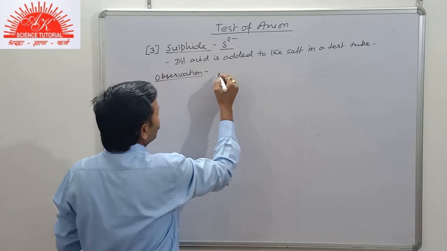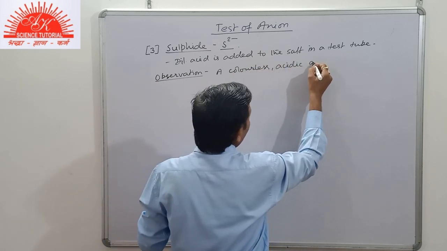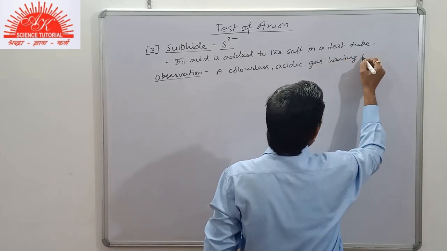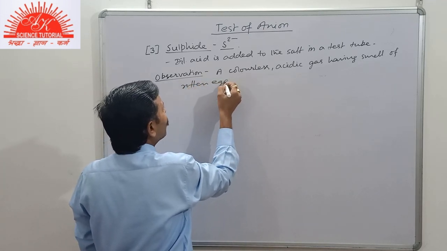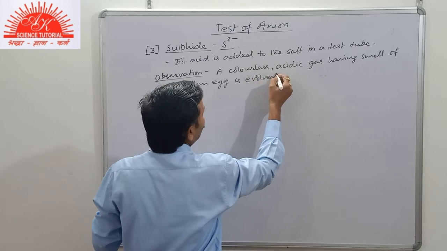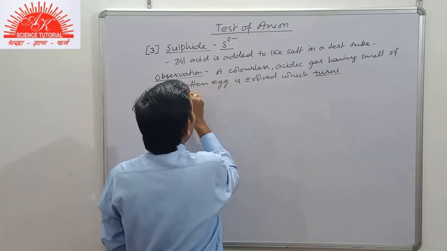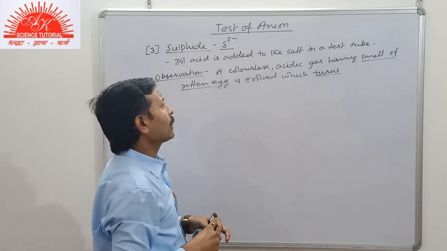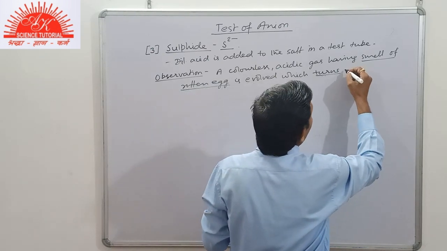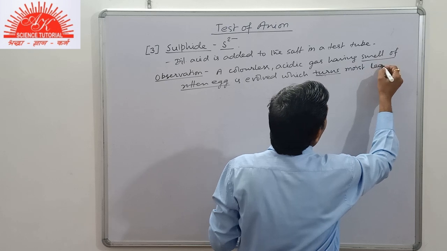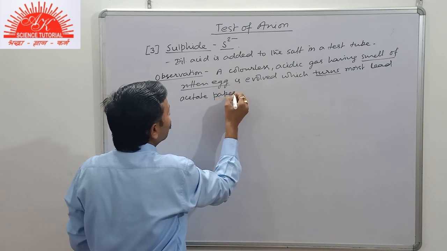Observation: a colorless, acidic gas having a smell of rotten egg is evolved, which turns moist lead acetate paper black. Although the smell is sufficient to identify H2S gas, we also give a chemical test here.